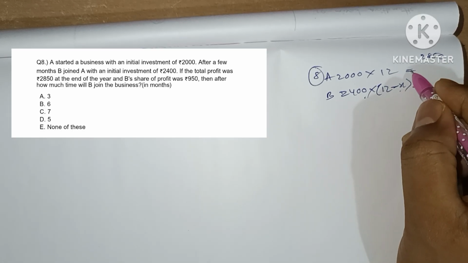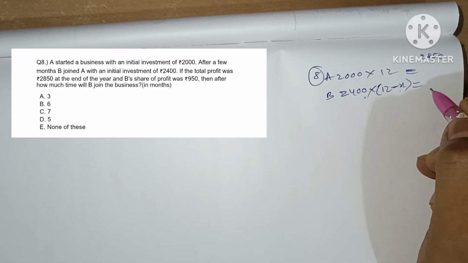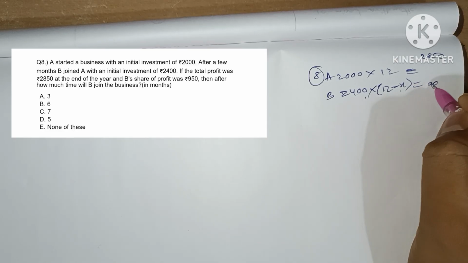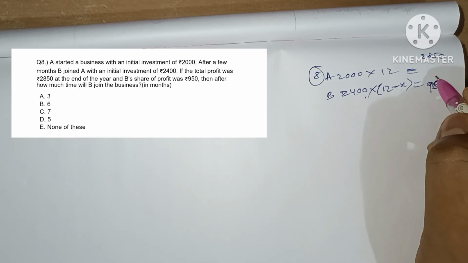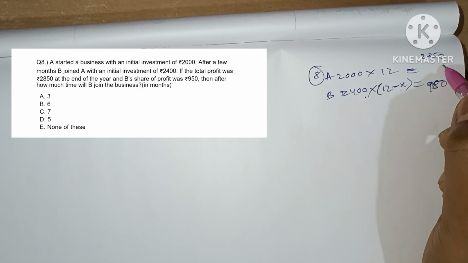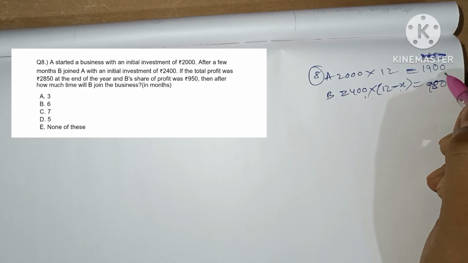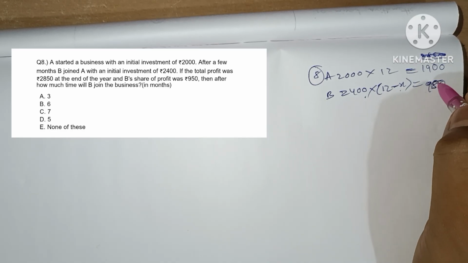Now the profit shared is given: B's share of profit was 950. The difference between these two is 1900, so A's share is 1900 and B's share is 950.